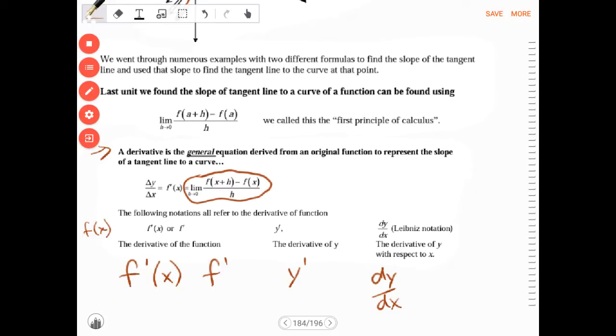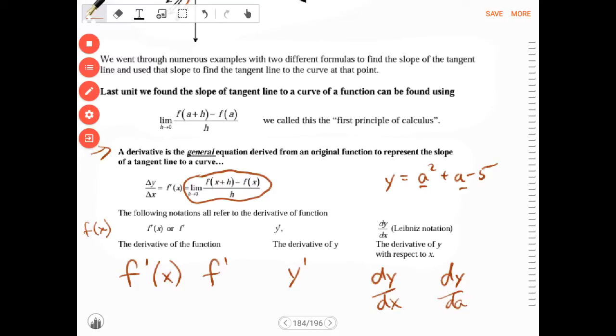So let's play with that for a minute. If we had a function like y equals a squared plus a minus 5, something like that, and we wanted to take the derivative, it could be y prime. Or if we used this Leibniz notation, it would be the derivative of y, but this time a is the variable, so that would be dy dA.